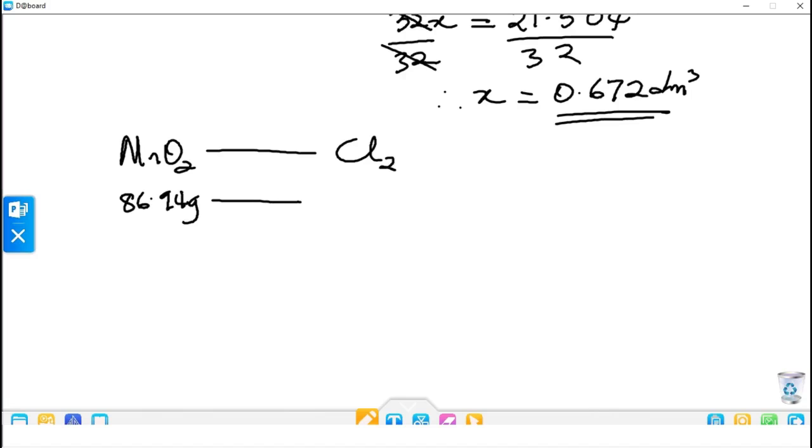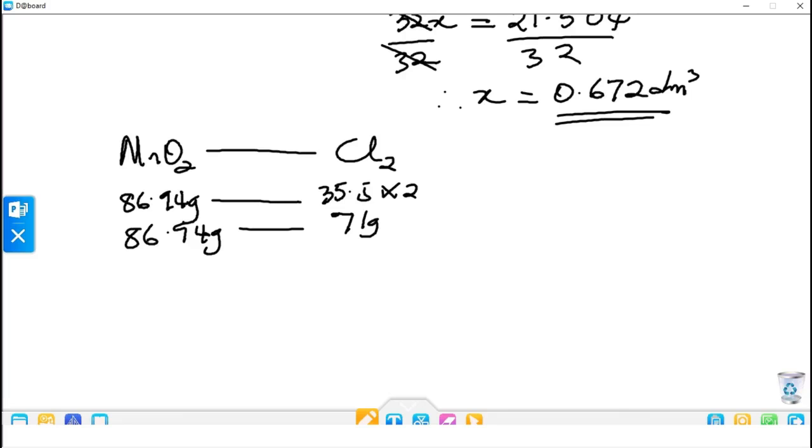Chlorine is 35.5, but there are 2 atoms there, so it's 35.5 times 2, which is 71 grams. So it means that 86.94 grams of MnO2 produces 71 grams of chlorine from the equation.